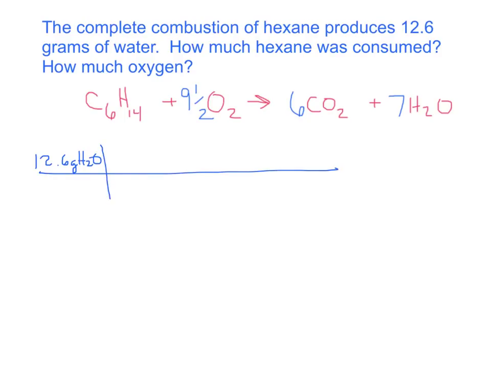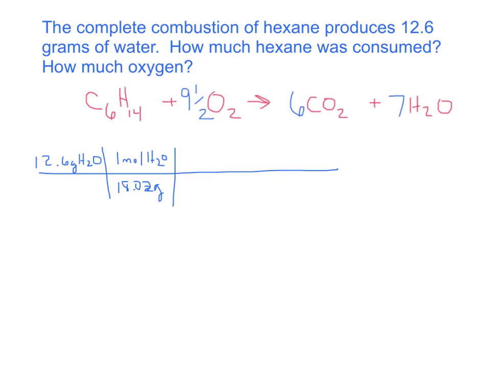Okay, so we need to do hexane and oxygen. Let's do the hexane first. We're going to begin with the molar mass of water, which I believe is 18.02 grams to 1 mole of water. Now this one's not a 1.